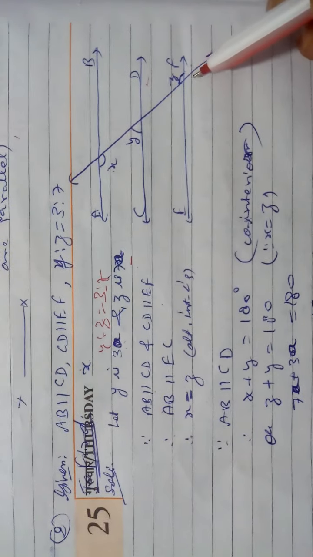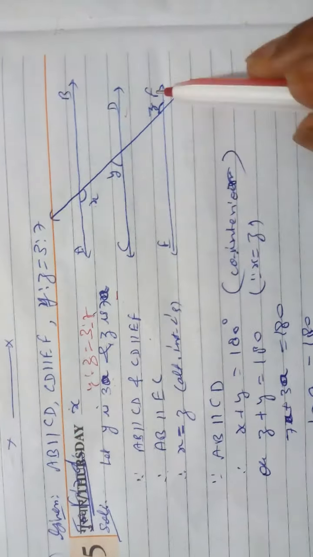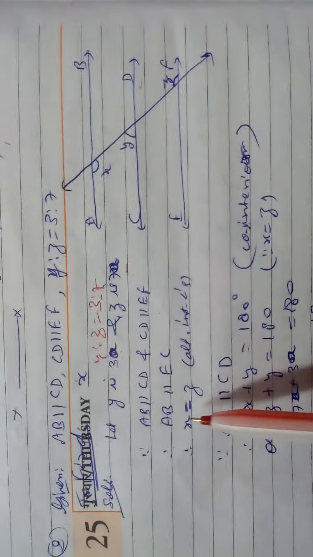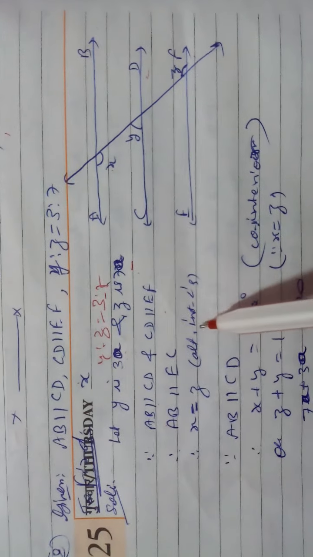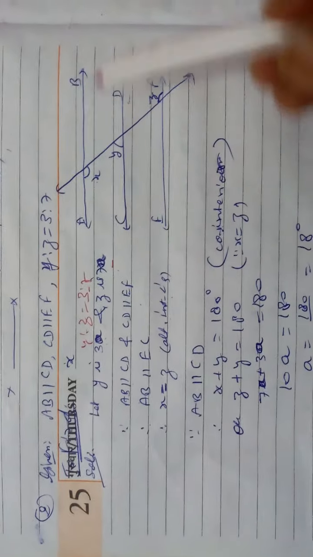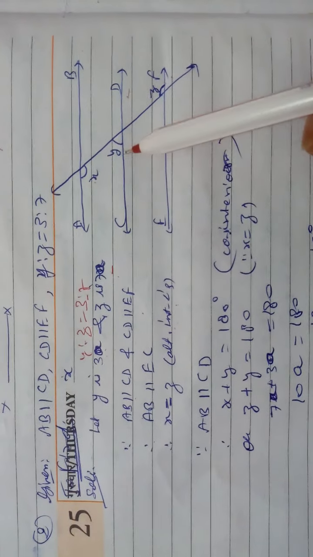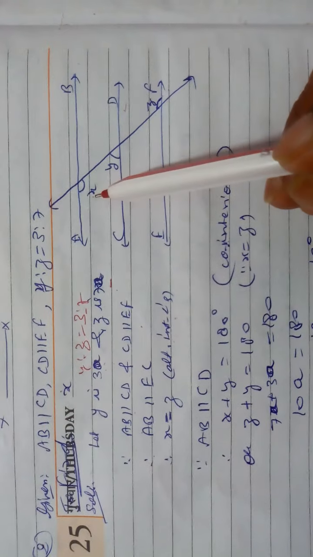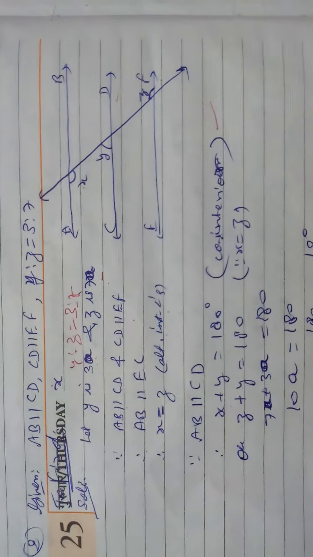X is equal to Z, because the same line is the transversal, so x and z are alternate interior angles. So x equals z, alternate interior angles. Because AB is parallel to CD, what about x and y? They are co-interior angles. So x plus y will be 180 degrees.